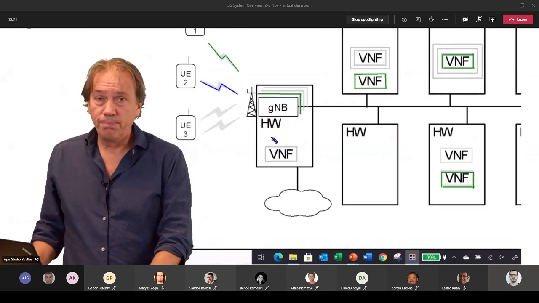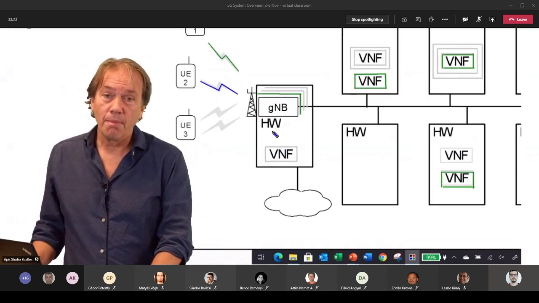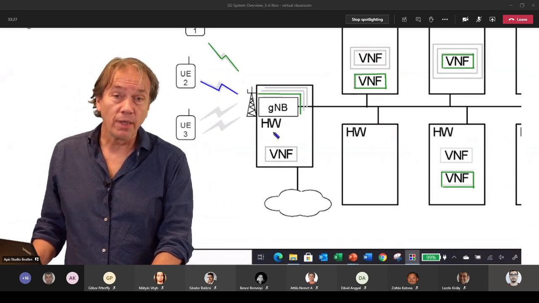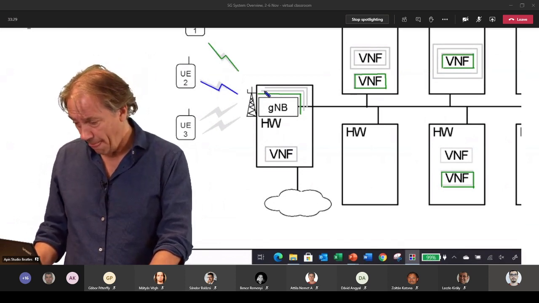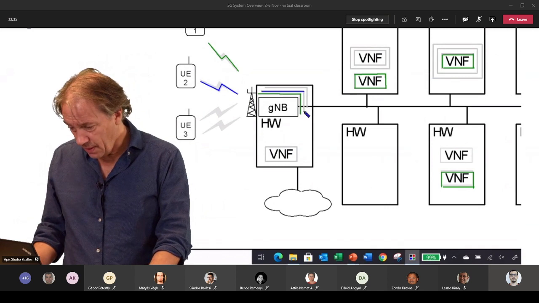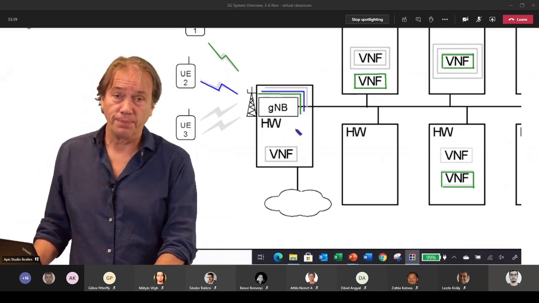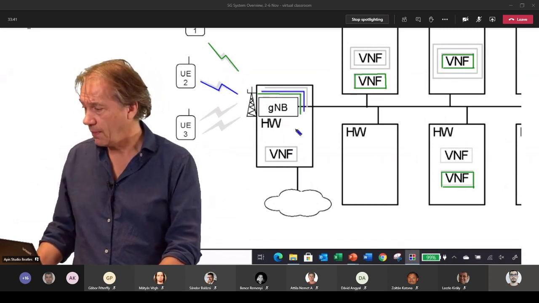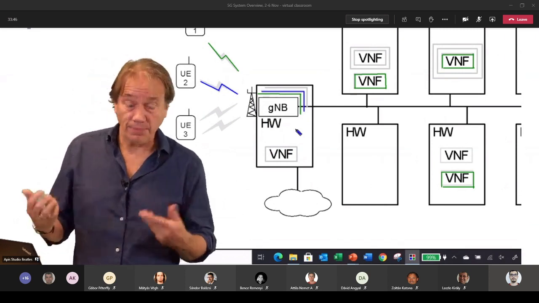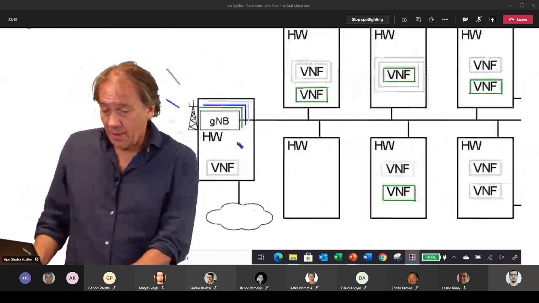This also means that part of the gNodeB, memory, intelligence, processing power, whatever, belongs to the blue network slice. So I will color this shape blue. You get the picture.